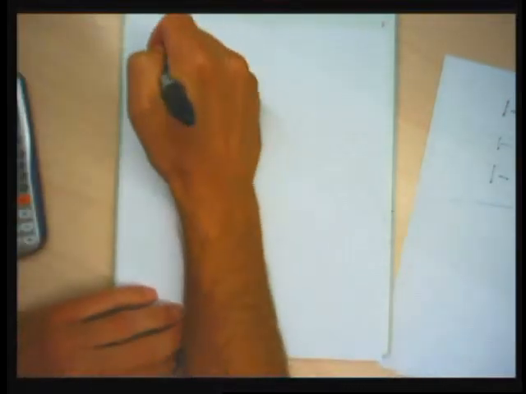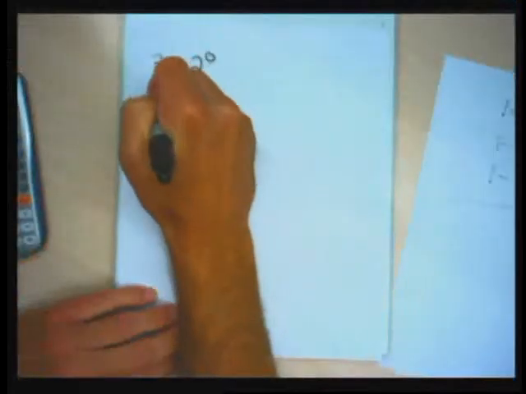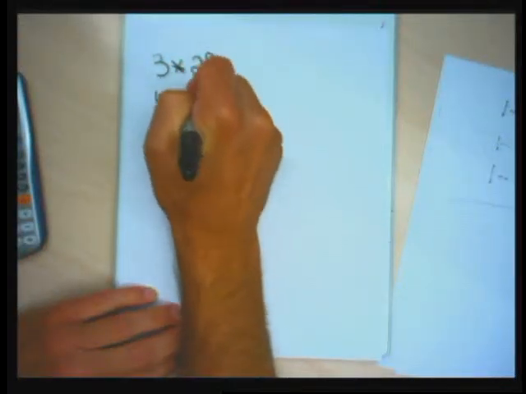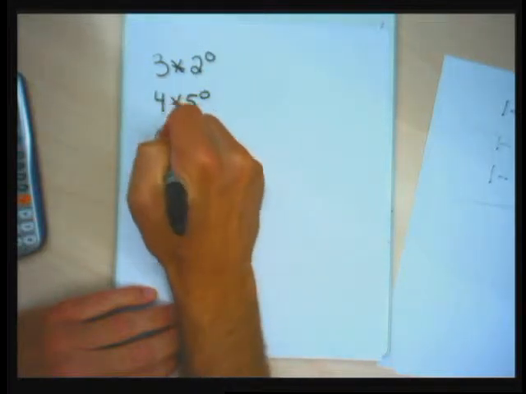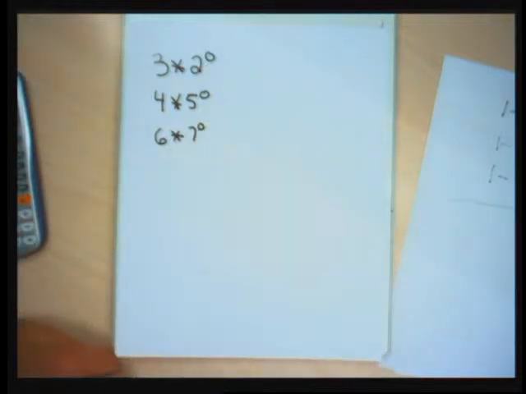The only other thing with 0 exponents, we could have problems like this. How about 3 times 2 to the 0 power, 4 times 5 to the 0 power, and 6 times 7 to the 0 power. These should be easier, because it should be clear that the only thing that the exponent applies to is the number to the right of the times sign.